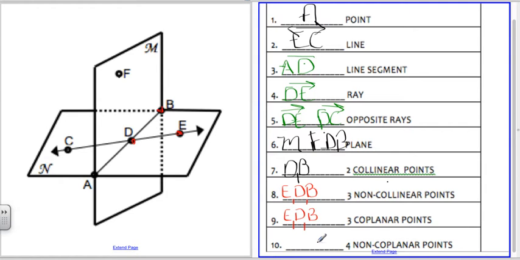Well, I could use E, D, and B again, but then to make them non-coplanar, I need to add a point that's not on plane N. So the point F is on plane M instead. So those 4 points would be non-coplanar.